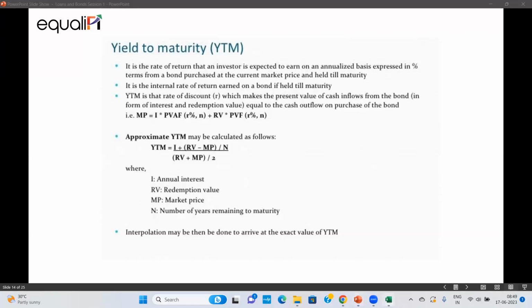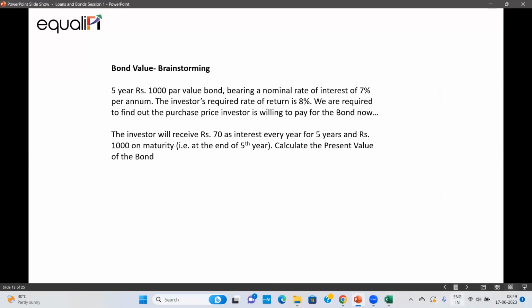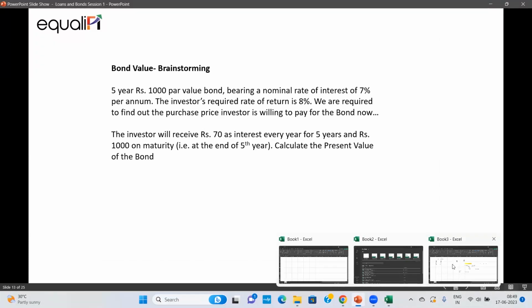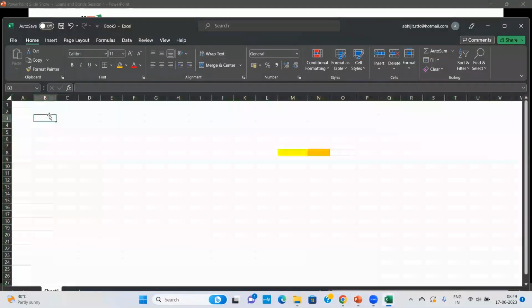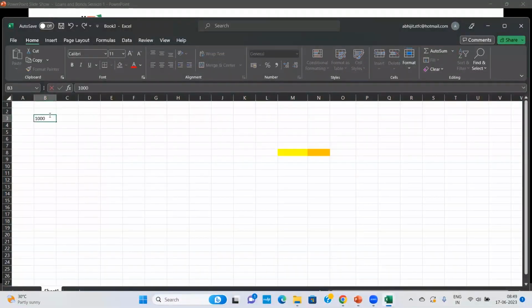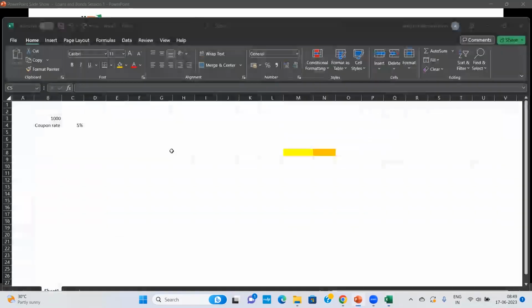Okay, let us have a quick check in the Excel. Not to worry. Let's go to the problem. The bond value was 1000, right? Coupon rate was 5%, right? And YTM was 8%.